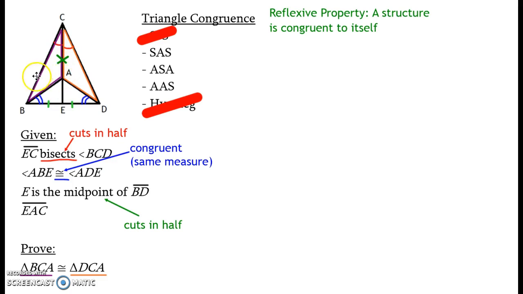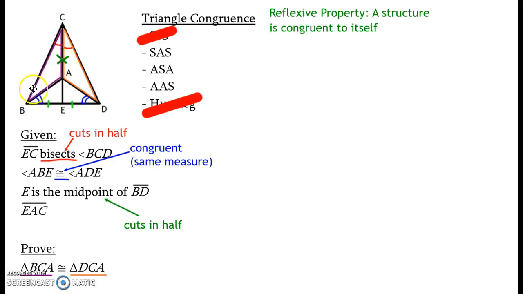Alternatively, we could find this angle, which is CBA, and this angle, which is CDA. That would give us angle CBA, angle BCA, side CA is congruent to angle ADC, angle DCA, side CA.